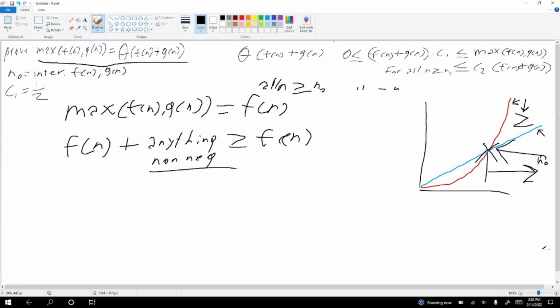And what we're looking for in C2 is C2 times f of n plus g of n greater than or equal to our max, which is equal to f of n.